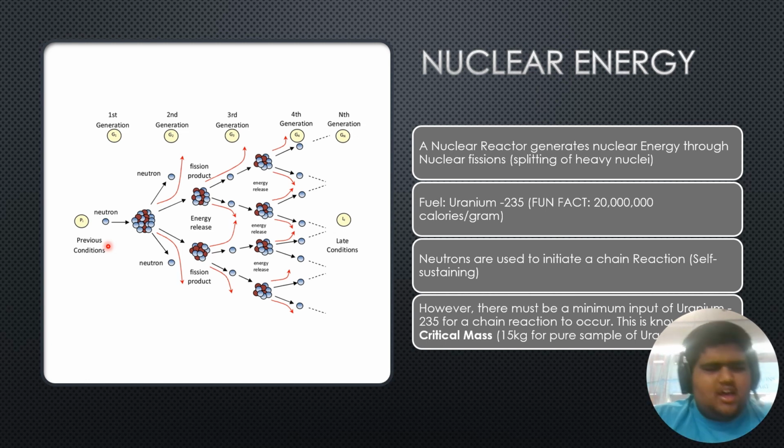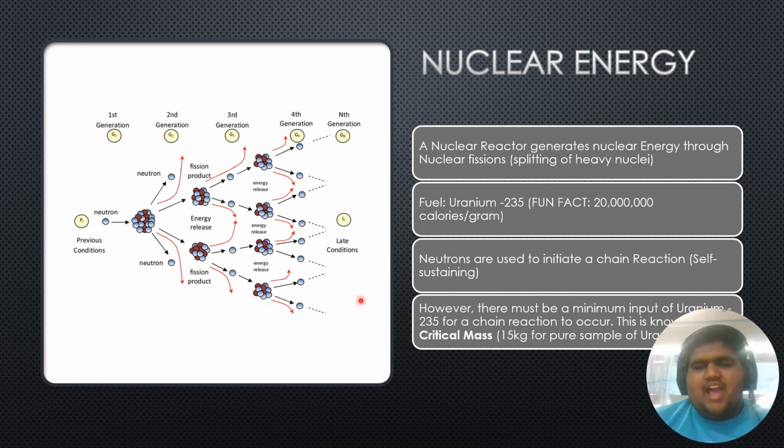Just to get an idea of how much energy it produces, if you eat 1 gram of uranium 235, you're going to gain 20 million calories. And also you'll get diarrhea and then your lungs start to fail and then bad things happen. So don't eat uranium.